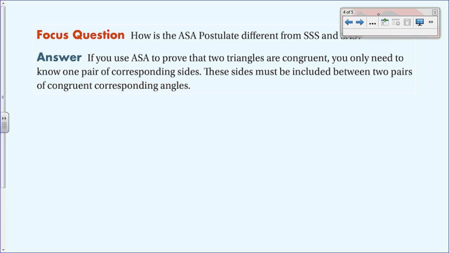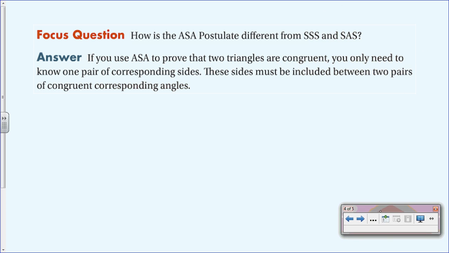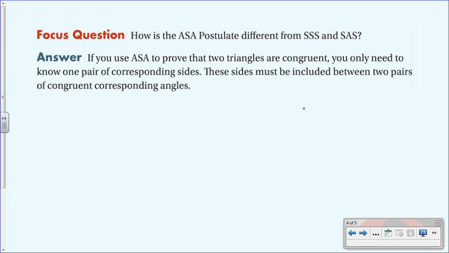So you remember that focus question from the beginning? Because I'm making this a shorter video for y'all. How is the angle side angle postulate different from the side side side or the side angle side? Well, here's our answer. It says if you use angle side angle to prove that two triangles are congruent, you only need to know one pair of corresponding sides.